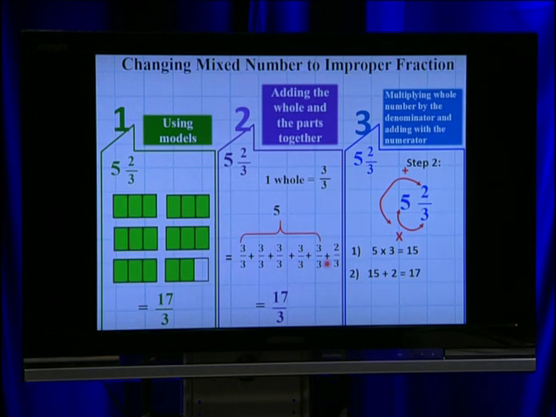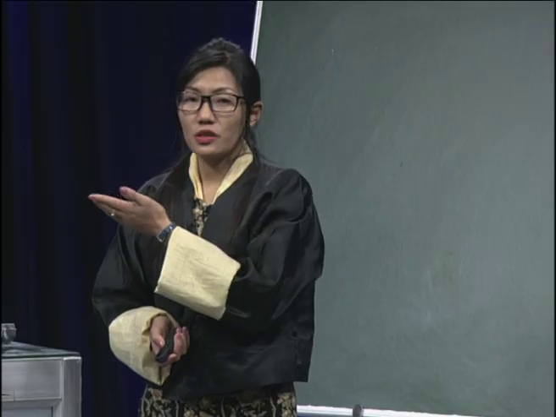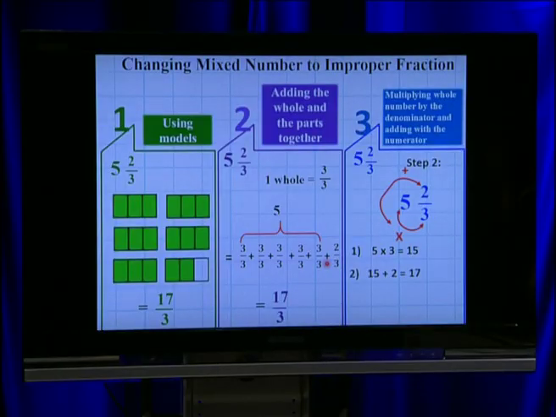That was the 2. So in total, we get 17. All you have to do is write that final answer as the numerator and then keep the denominator as it was in the fraction. Let me show it to you in a very short way now. Once you understand this, you can do it very quickly.